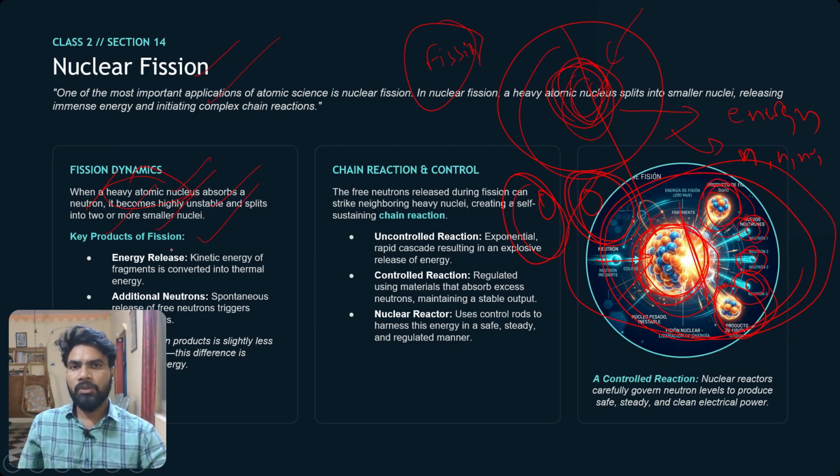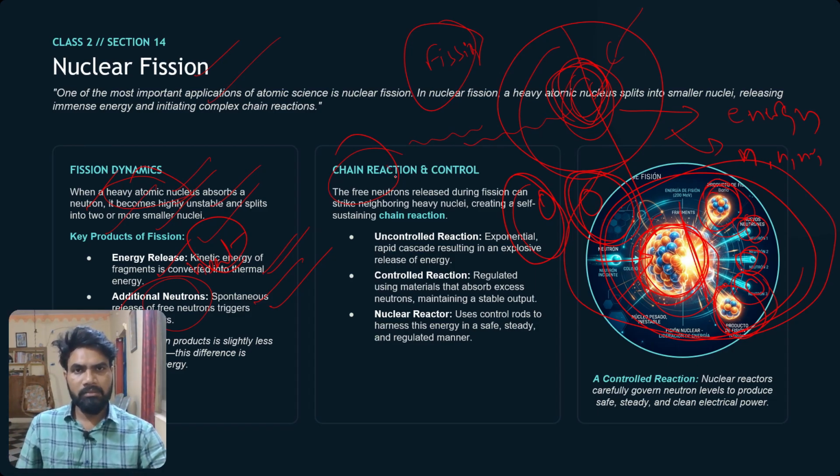So what is the result of fission? A lot of kinetic energy of the fragments is converted into thermal energy, meaning a lot of heat is generated in this process. Then additional neutrons are released. You can make this reaction a chain reaction, meaning you can control this nuclear fission and make it a continuous chain reaction, or you can make it an uncontrolled reaction also.